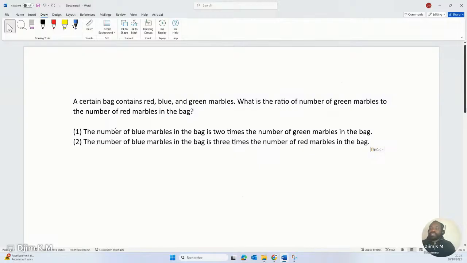Okay. Next question. A certain bag contains red, blue, and green marbles. What is the ratio of the number of green marbles to the number of red marbles in the bag?